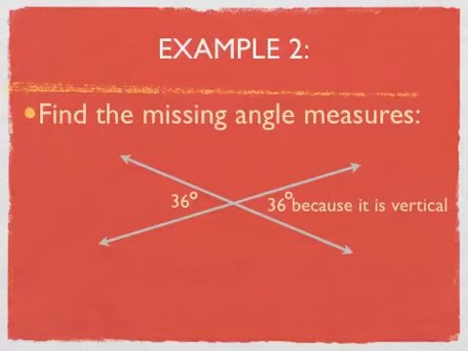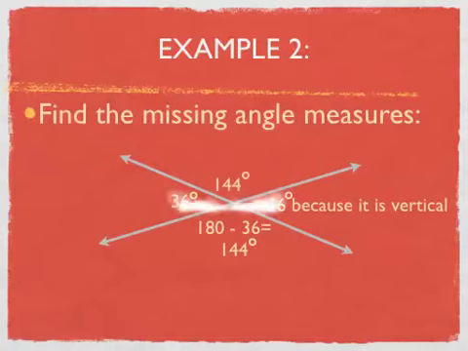Remember, a straight line measures 180 degrees. So I can take 180 and subtract 36, and I find that the missing angle is 144 degrees. Because this angle is 144 degrees, I know that its vertical angle is also 144 degrees.